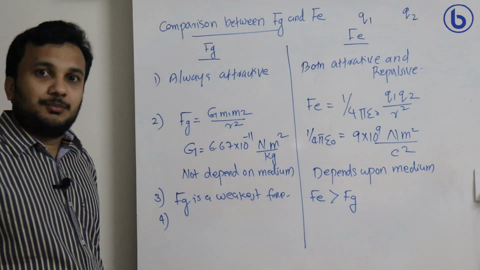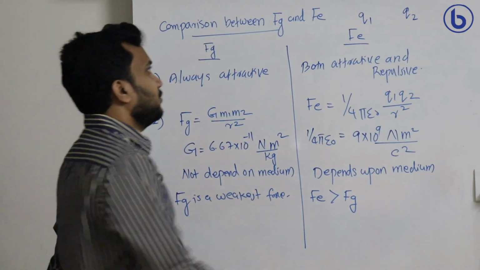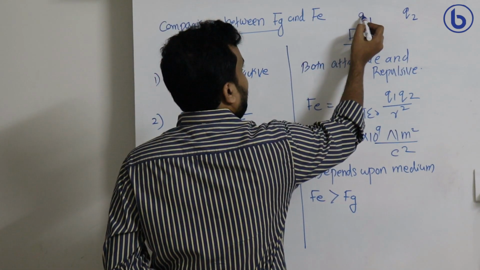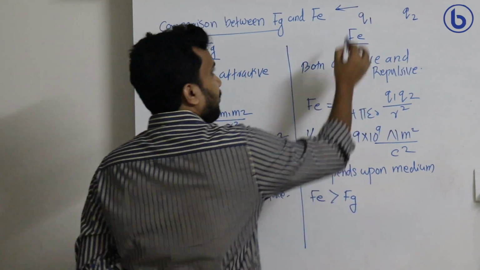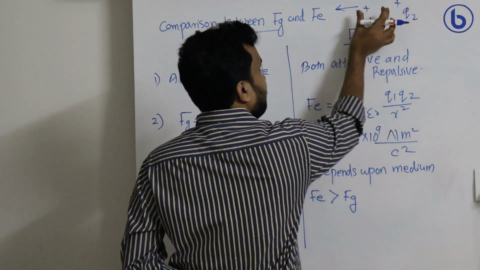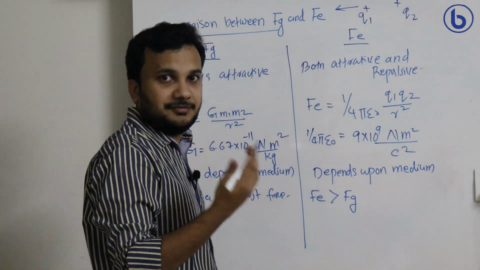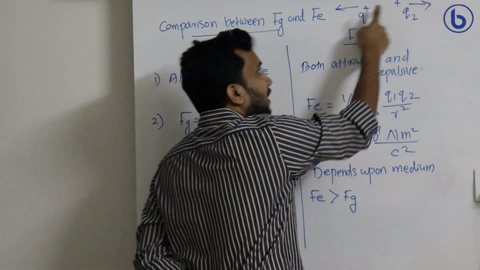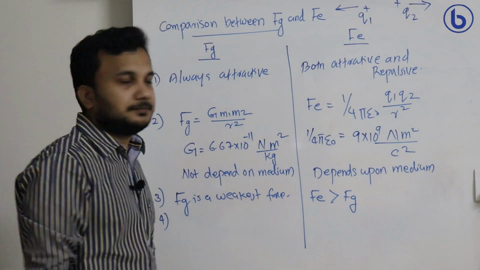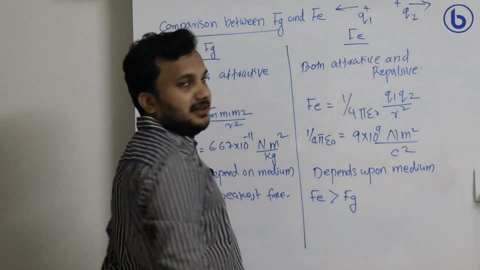Suppose both charges are positive. So Q1 will be repelled because of Q2 in this direction. If both are positive they do not move toward each other, right? One moves away from the other. So this one moves like this, and that one moves like this. Both are moving in different directions.